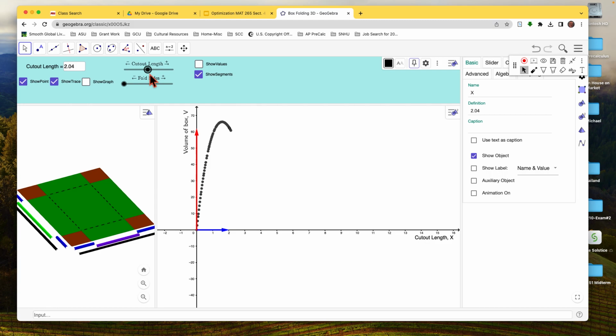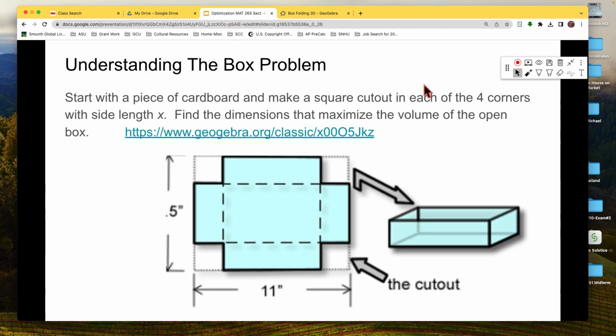This is the hardest part to see. A lot of times when you first do this, if you haven't seen this stuff, you just do the width minus X, right? Because you're cutting an X off. But you're cutting 2 X's off there. And the same thing will happen with the length: it gets cut down by 2 X's. Okay. All right. So let's go ahead and come back here.